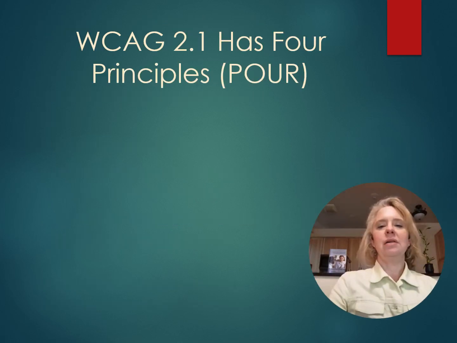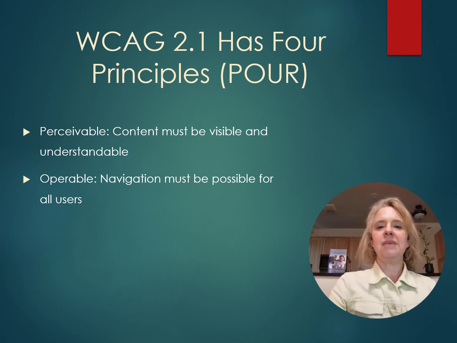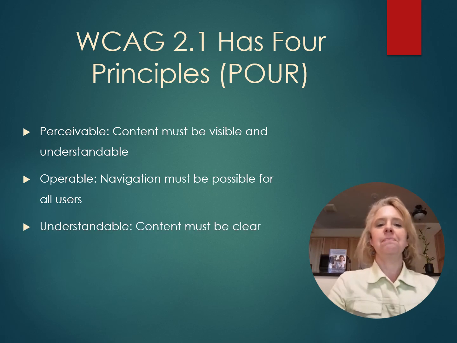WCAG 2.1 is built on four key principles, often remembered with the acronym POUR. Perceivable: content must be visible and understandable to all users. This means using text alternatives for images, captions for videos, and designs that work for people with vision or hearing differences. Operable: navigation must be possible for everyone, including those using a keyboard instead of a mouse or assistive technologies like screen readers.